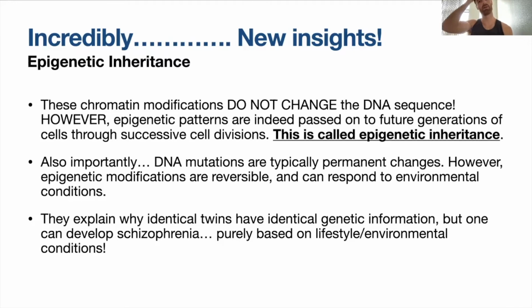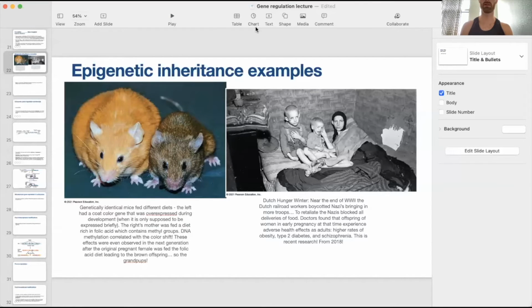So one can develop schizophrenia or another type of disease, type 2 diabetes, obesity, etc., depending on how they were raised. It's pretty amazing.